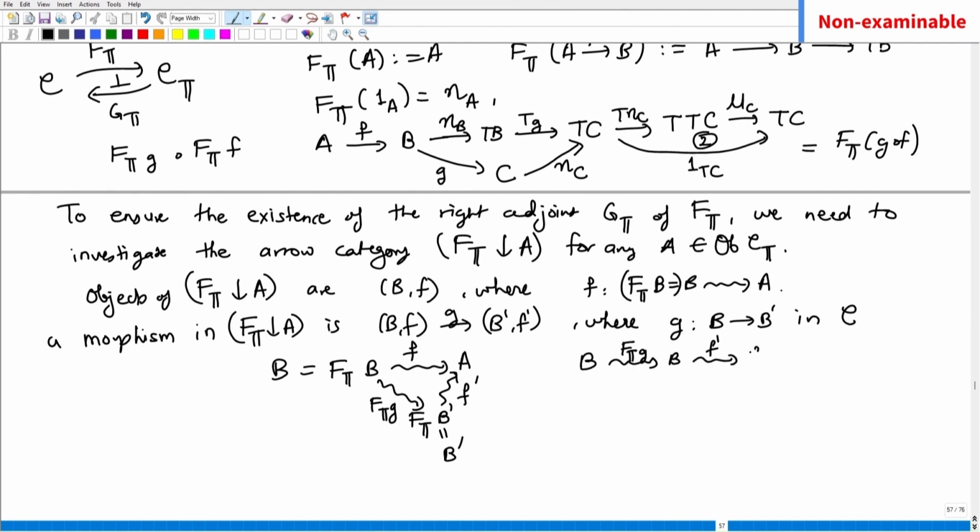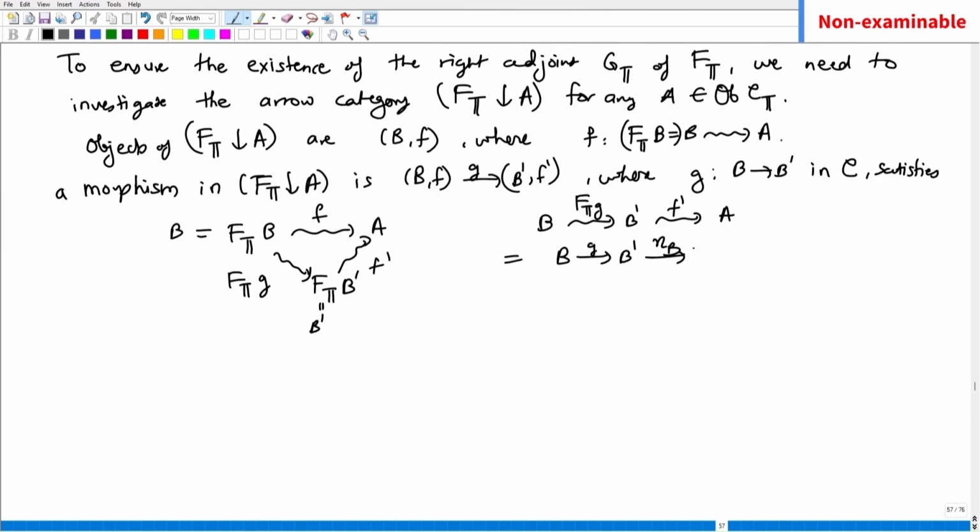and F prime to A. This composition is equal to, you have to first take B to B prime, and that is G. Then you have to do eta sub B prime to TB prime, and then we have to take F prime.